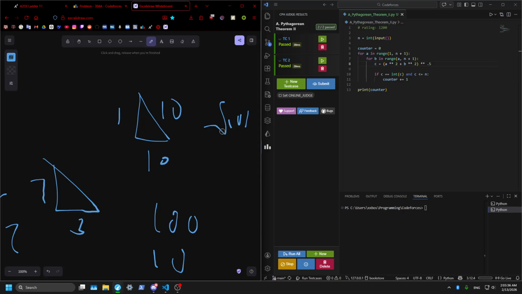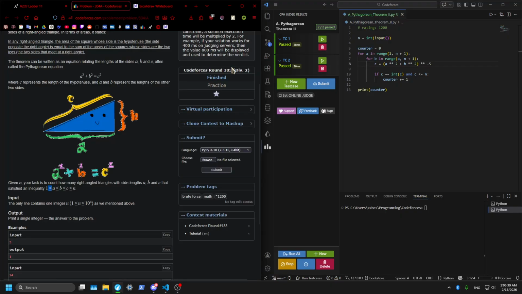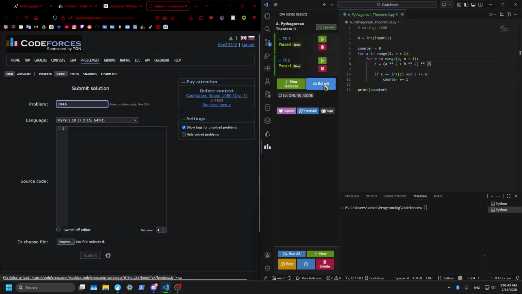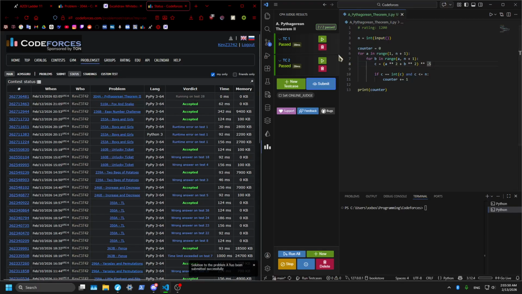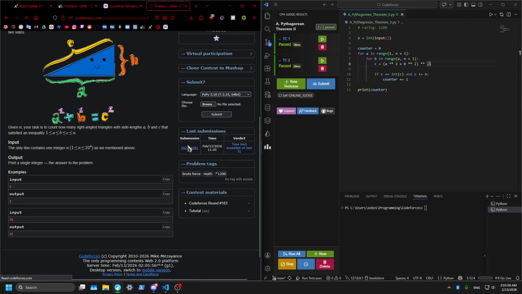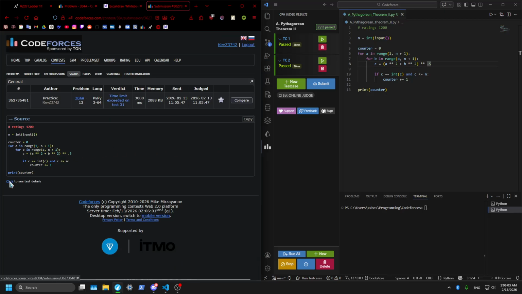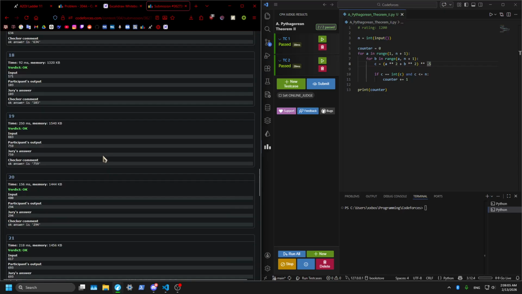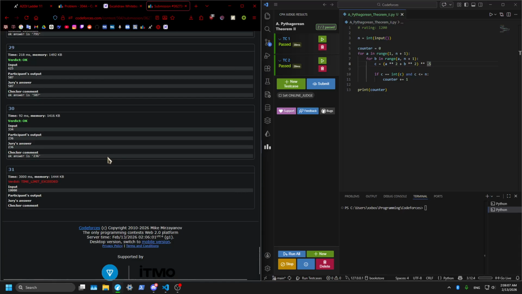Should not work. I think this is it. There's brute force. Is this fast enough? This is n squared. TLE. It must be right on the verge.